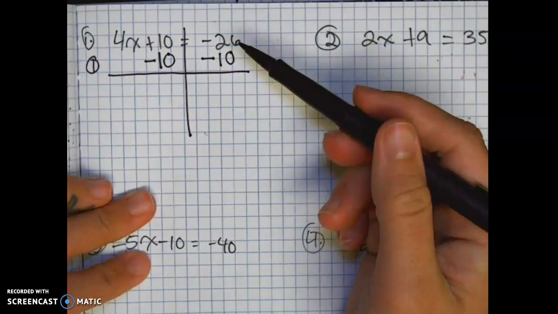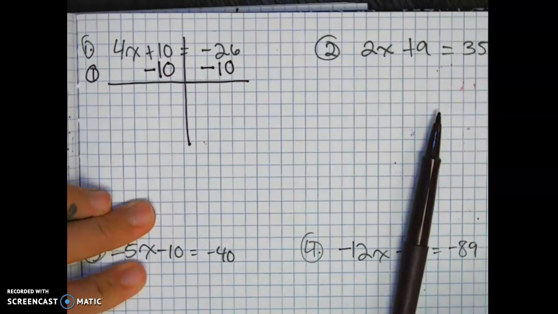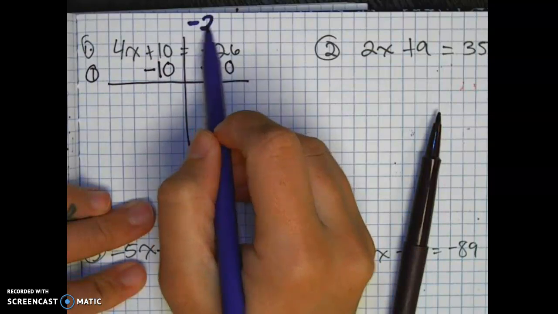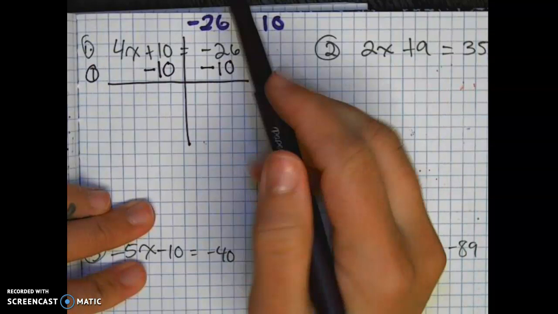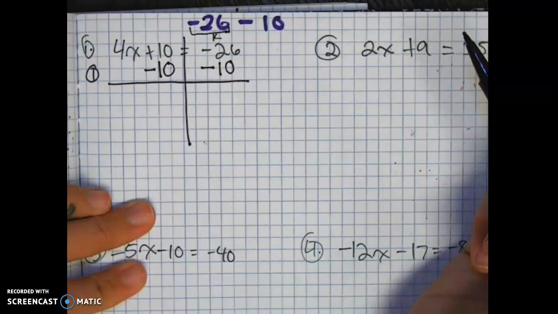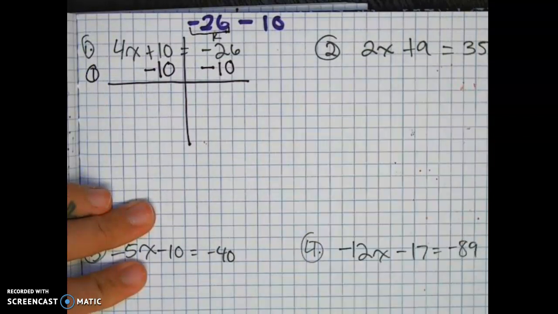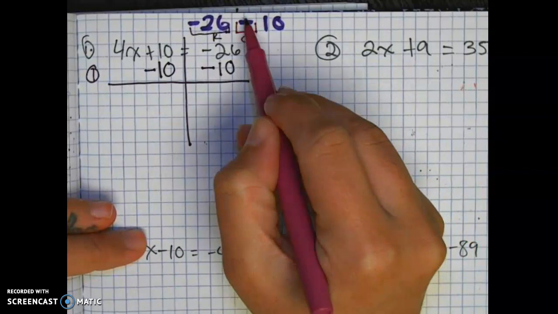So now I have negative 26 minus 10. If you remember the keep change rule, what it states is you're going to keep the first number, so my first negative 26, the same. The minus is what's going to be changed to the opposite of it, which would be a plus.